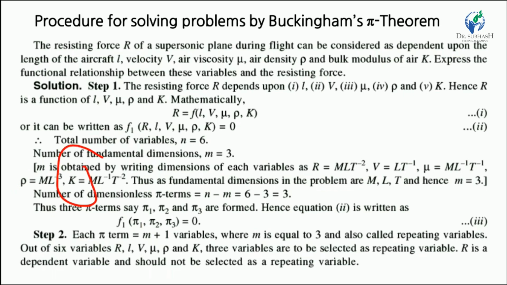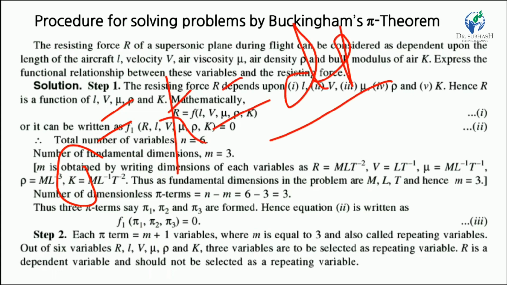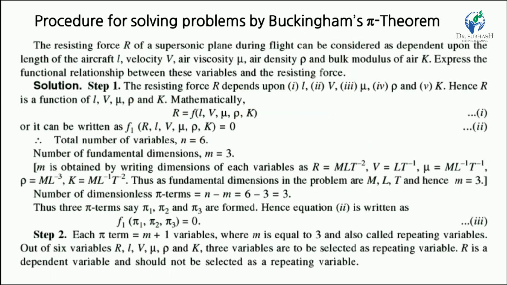Bulk modulus K is equal to dP, the change in pressure, upon the volumetric strain dV by V. Strain has no unit, so the unit of bulk modulus is that of pressure, Newton per meter square. So the MLT form of bulk modulus is M L minus 1 T minus 2.